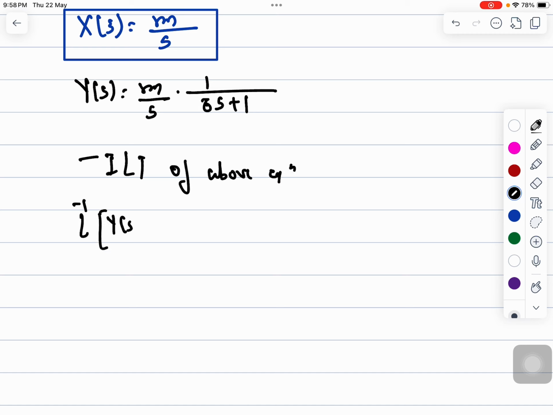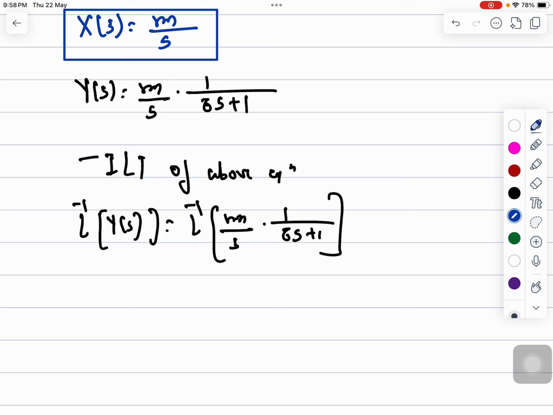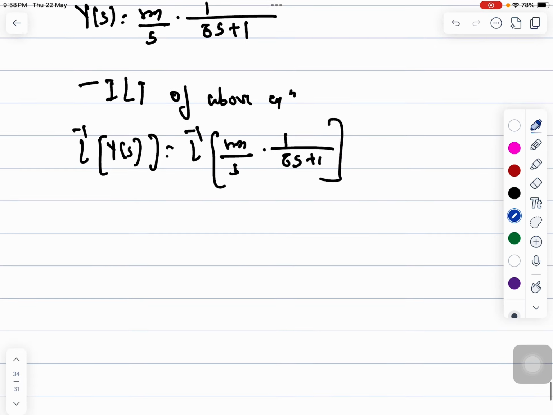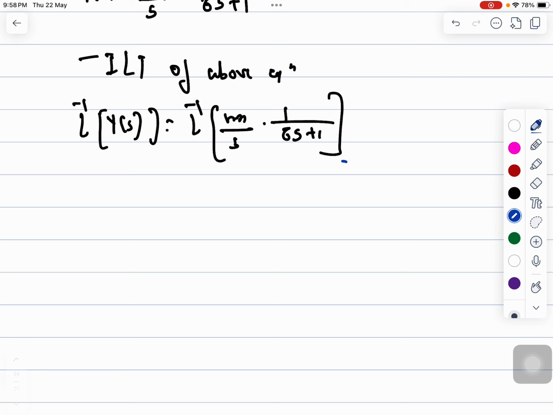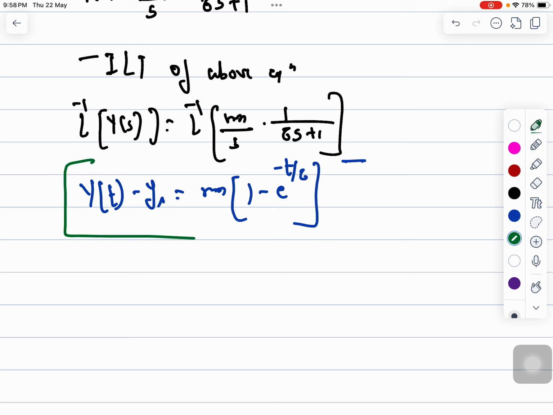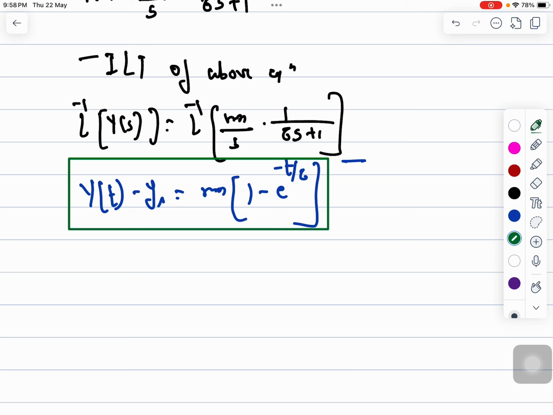Laplace inverse of Ys is equal to Laplace inverse of m by s into 1 upon tau s plus 1. If you see my previous lecture, there I have derived this equation, and you can get from here Yt minus Ys equals m into 1 minus e to the power minus t by tau. This is the first order response with an m step input, right?